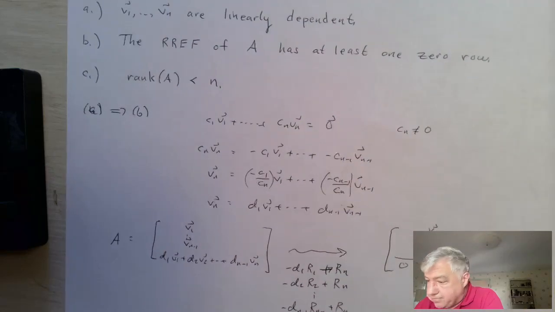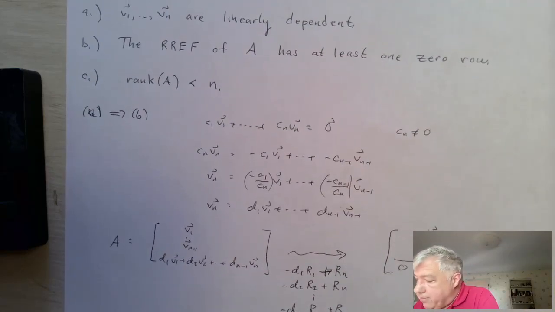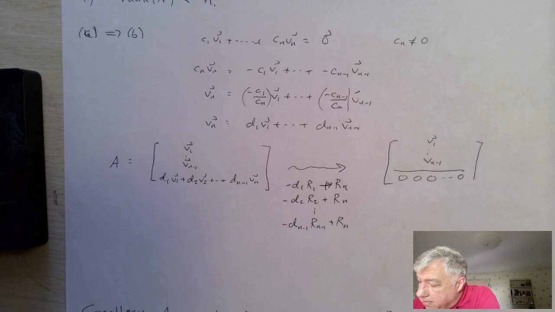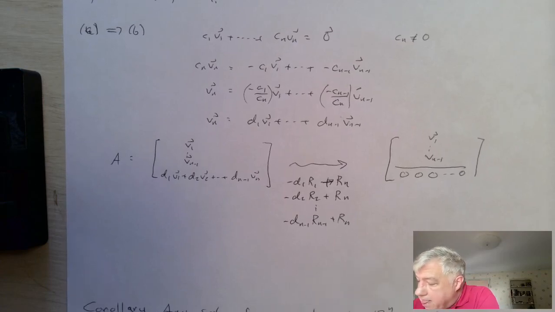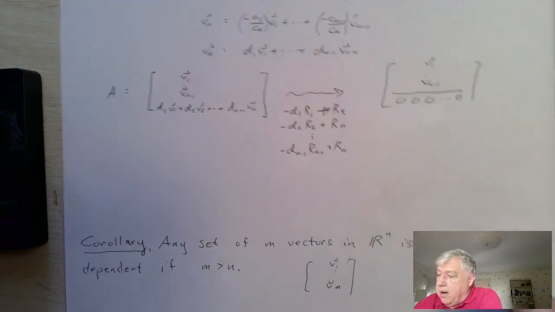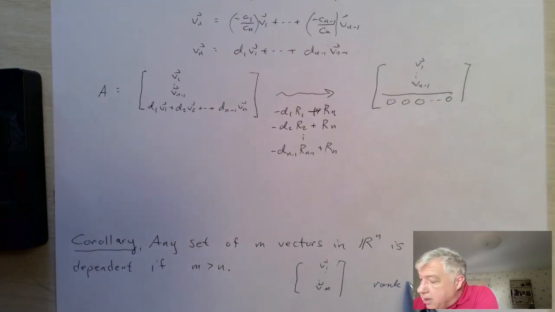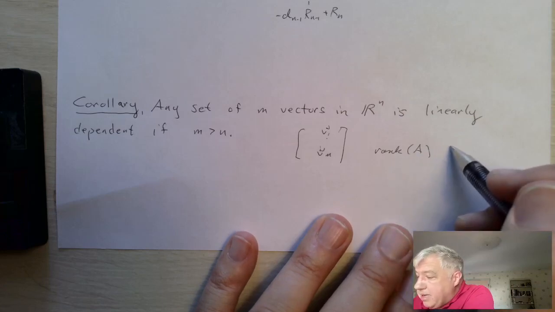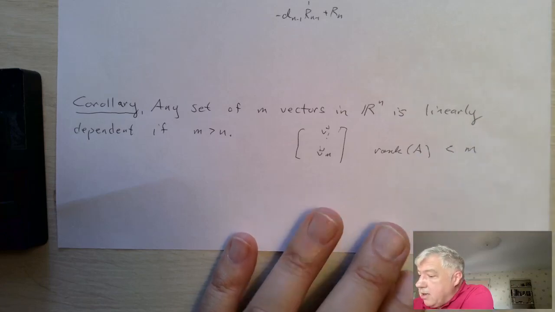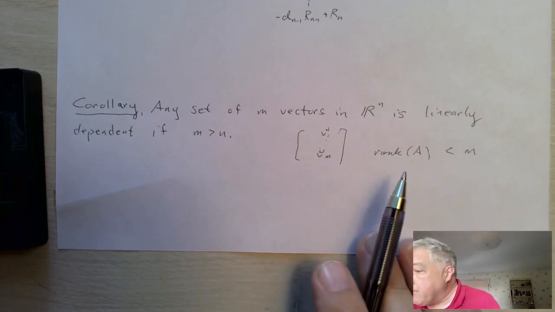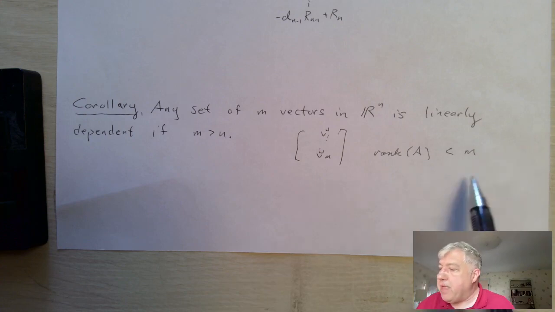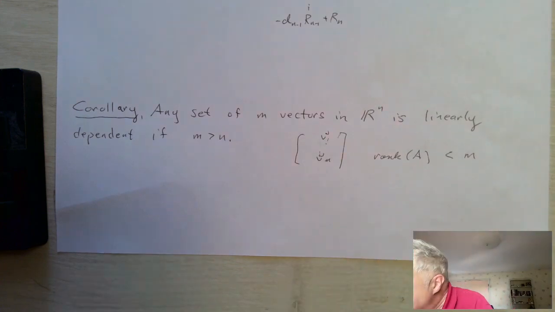And the reason for that is the following: if we have V1 through Vm as the rows of the matrix A, we can see that the rank of this matrix A is always going to be at most n, which is less than the number of rows m.